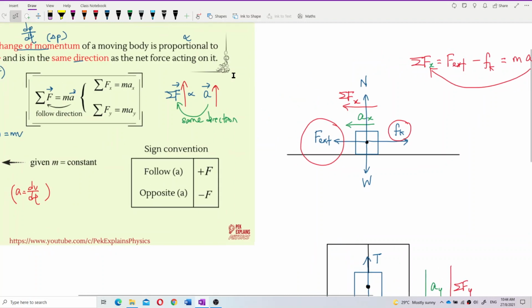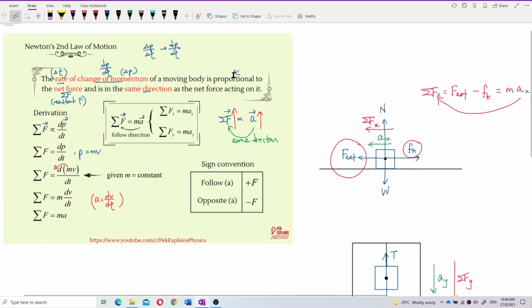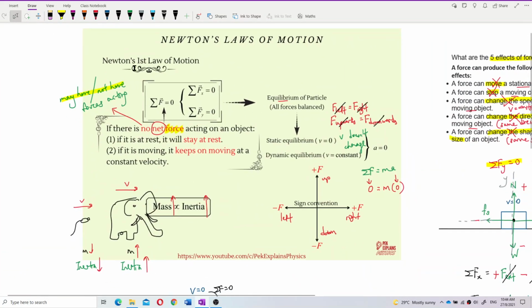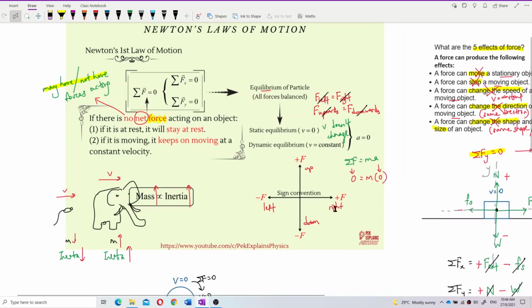Because before that, in Newton's first law of motion, we learned a different thing, isn't it? We learned that force to the right must be positive, force to the left must be negative. This is actually a system that we create ourselves. We can also put force to the left as positive, force to the right as negative.